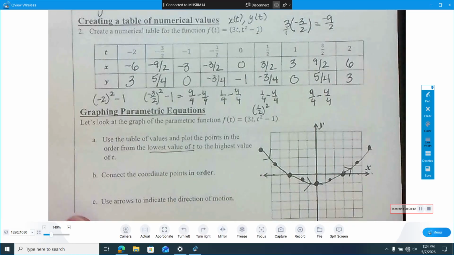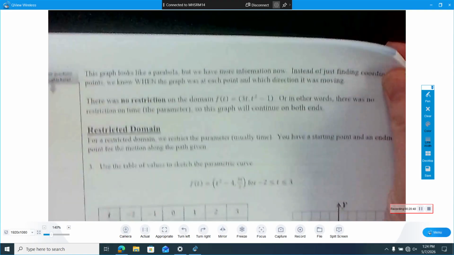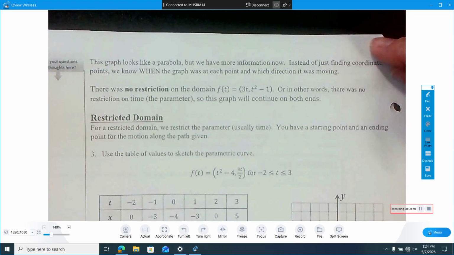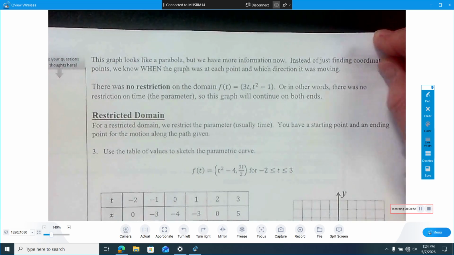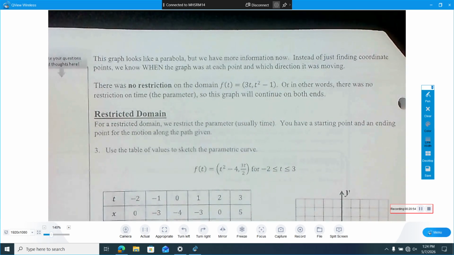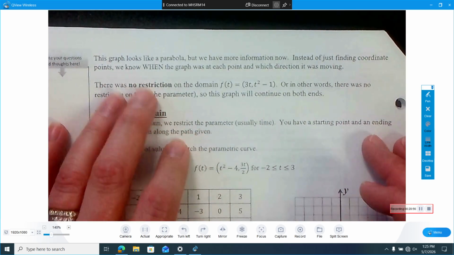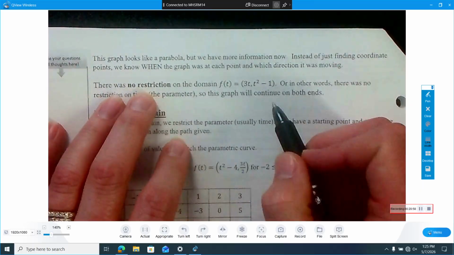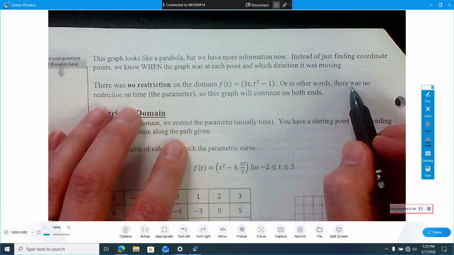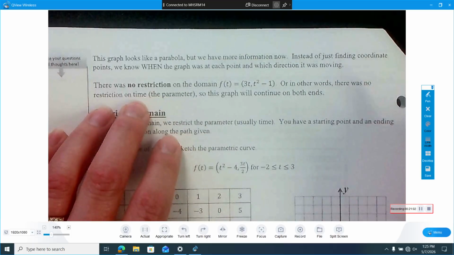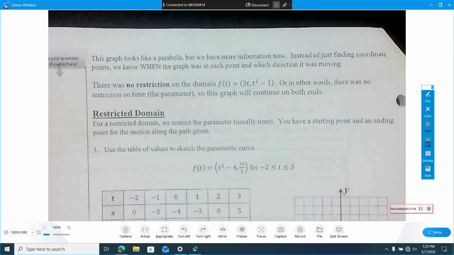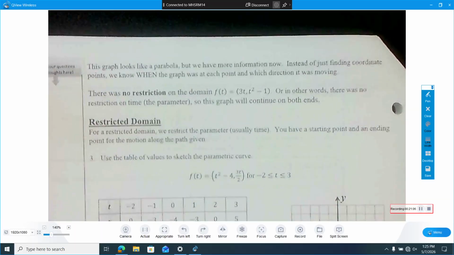All right, any questions on that? Good, perfect, turn the page. So that graph had no restriction on the domain. There was no restriction on the time parameter. So this graph technically will continue on both ends.